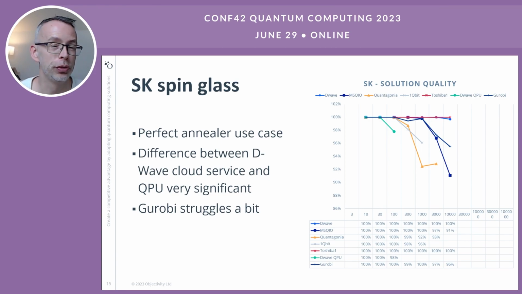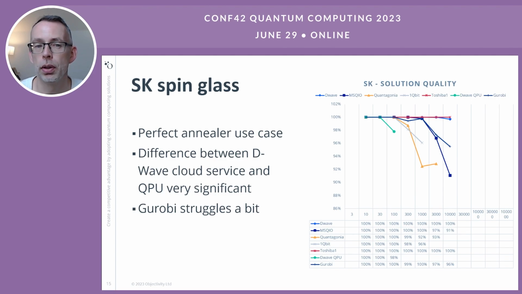In order to deal with the limits of connectivity, you quite often need to use multiple physical qubits on a quantum processor to represent one logical qubit. And you do that by basically creating a very, very strong interaction between them, so they always have the same value. So depending on the particular topology of your problem, you can lose an awful lot of qubits that way.